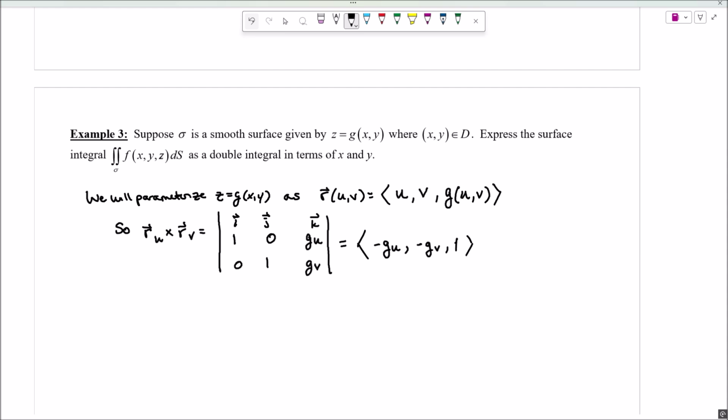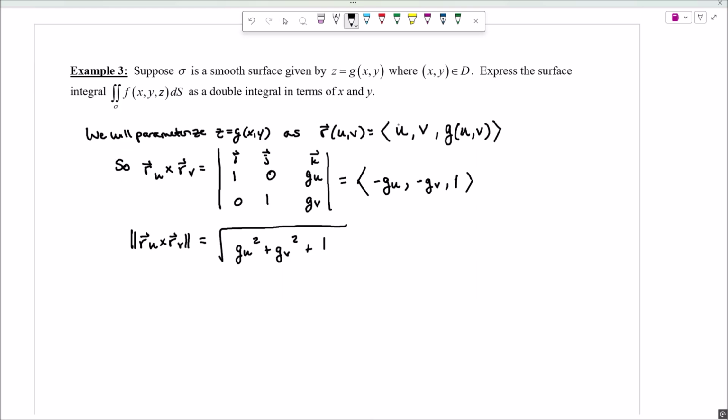This would mean that the norm of this particular cross product should be equal to a square root of my partial of u squared plus my partial with respect to v squared plus 1.